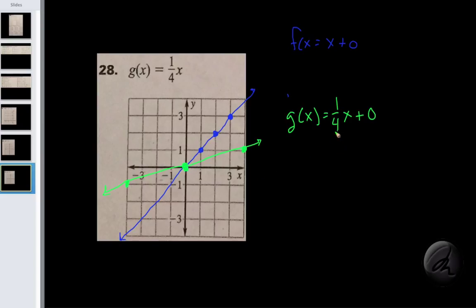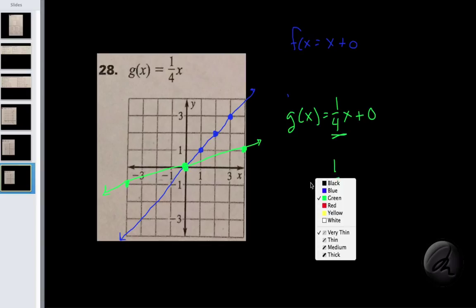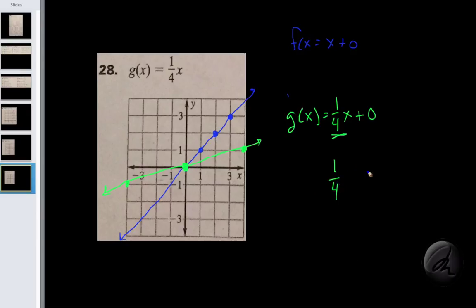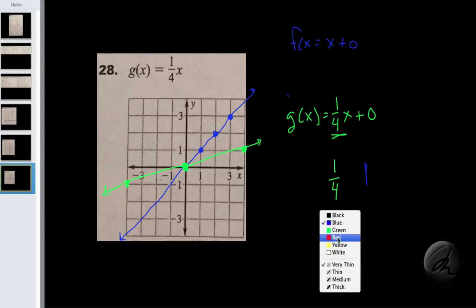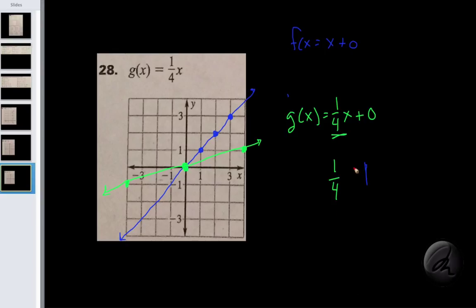Okay, so let's compare slopes now. So the slope for my green is 1/4, and the slope for the blue is 1. So which one is greater? Obviously 1 is greater than 1/4. So that means that the slope of my blue line is greater.